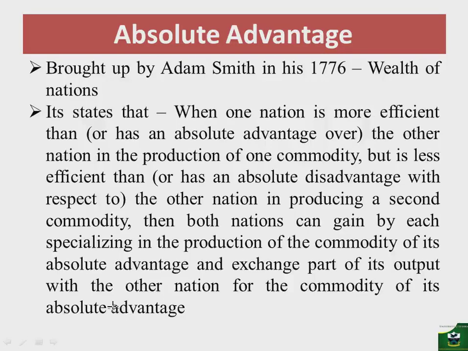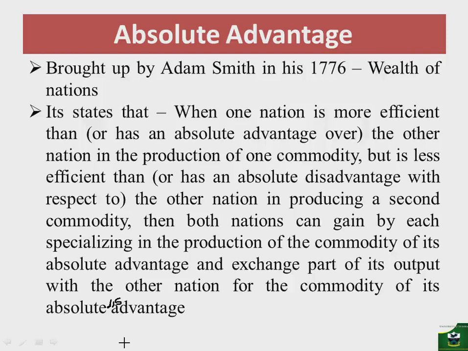A commodity of its absolute disadvantage. That is, given two nations who have agreed to trade, nation A and nation B, if nation A is more efficient in producing commodity X, while nation B is more efficient in producing commodity Y, then the two nations can specialize in producing the commodities in which they are more efficient and leave that commodity where they are less efficient for the other nation to produce.